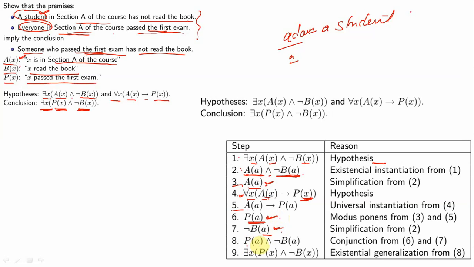So I can say PA and negation of BA. Now, if this statement is true for Adam, that means this statement is true for at least one student from the universe of discourse. So I can apply existential generalization. That means there are some students who have passed the course but who have not read the book. That was the conclusion that we started off to verify.